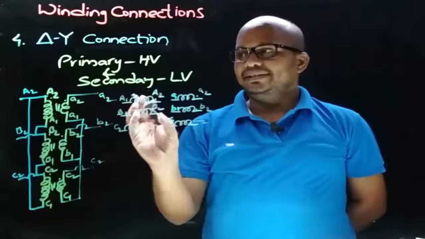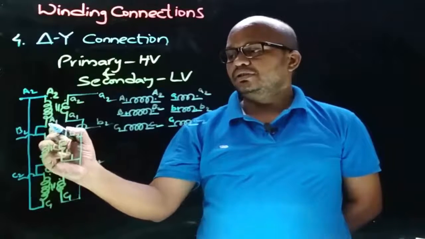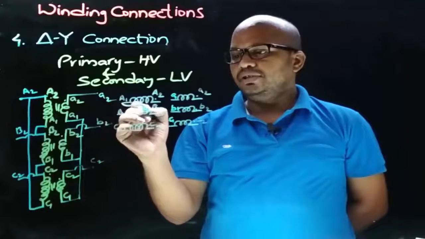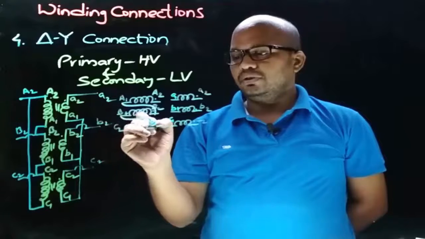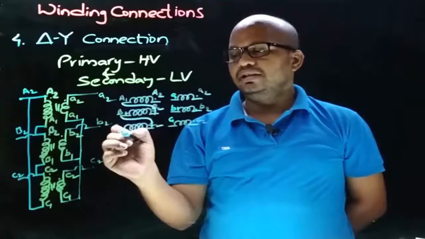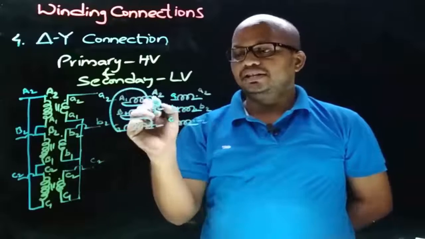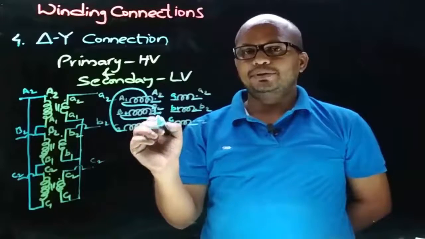Now as HV winding is connected in delta, and to obtain delta we join the non-dot end terminals with dot end terminal. So join the non-dot terminal of one coil with dot end terminal of other coil, and non-dot end terminal with dot end terminal, and taking the connections from dot end terminals, that is capital A2, capital B2 and capital C2.